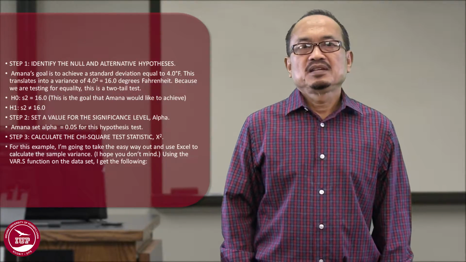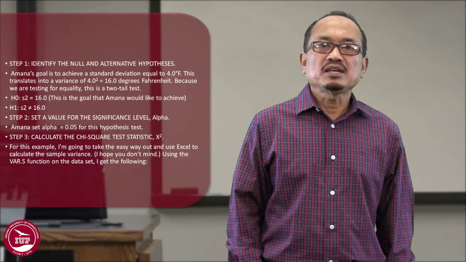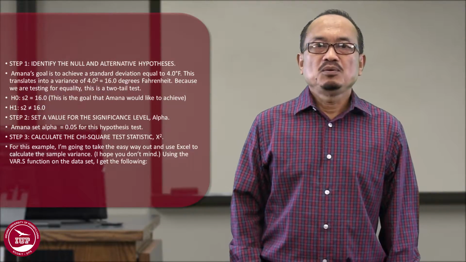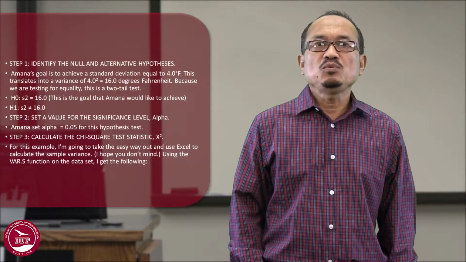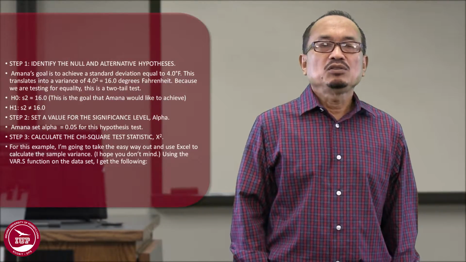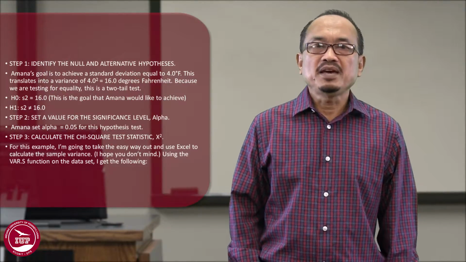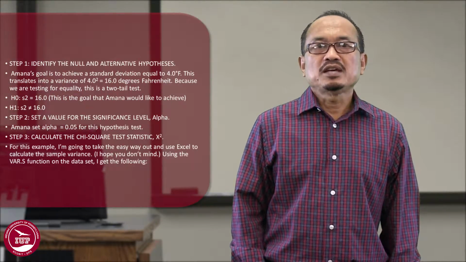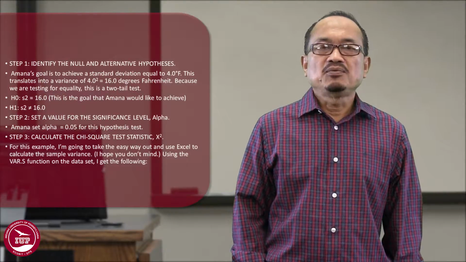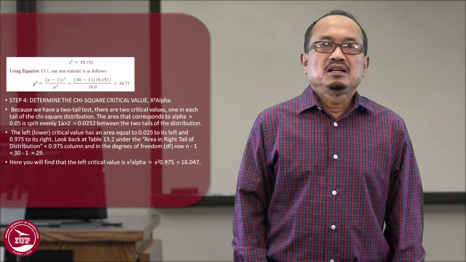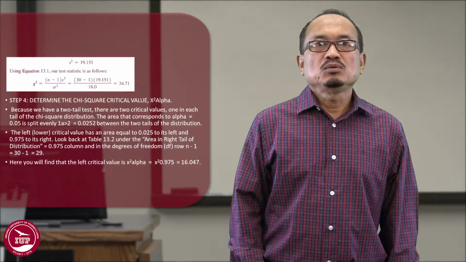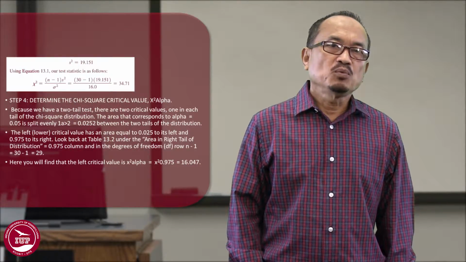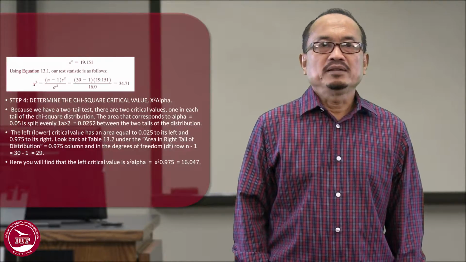Step 3. Calculate the chi-square test statistic, or X squared. For this example, we are going to take the easy way out and use Excel to calculate the sample variance. Using the VAR.S function on the dataset, we get S squared equal to 19.151.